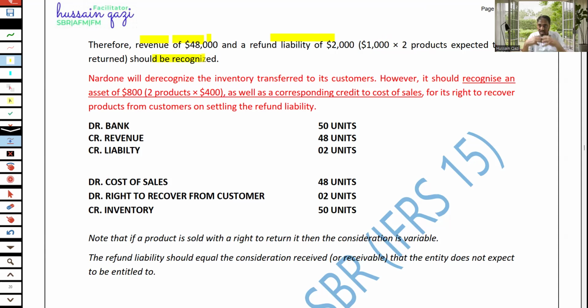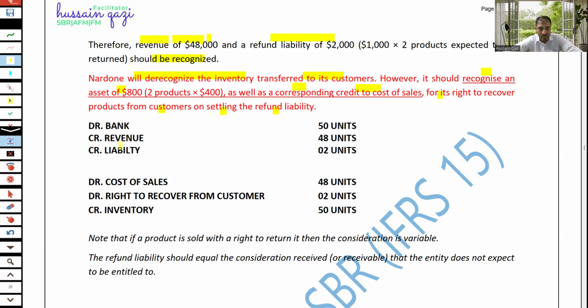So whatever cash we receive for the 50 units, revenue should be recognized to match, that's 48 units. But the remaining two are about the liability. Nardone will derecognize the inventory transferred to the customer, and should recognize an asset of 800 as a corresponding credit to cost of sales, the right to recover from the customer on settling the refund liability.